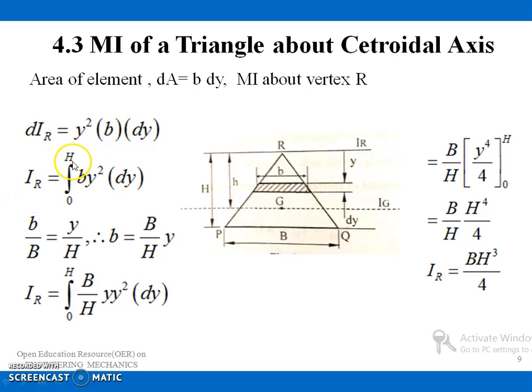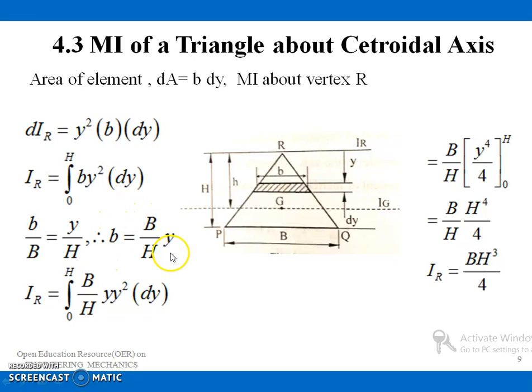So IR is equal to integral of 0 to capital H of b y square dy. But from this figure, I can write b by capital B is equal to y by capital H. So that means b is equal to capital B by H into y.